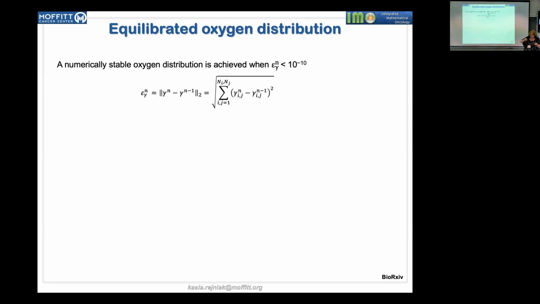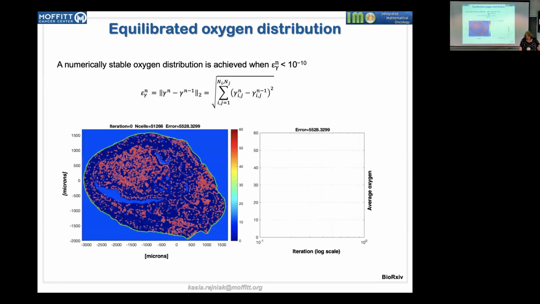So we decided to run the simulation until the L2 norm between two consecutive landscapes is very small, right? We choose 10 to the minus 10. So we start with this configuration. You have hypoxia in those outer and inner points. You have zero in the tissue, and all these red spots are the vessels.